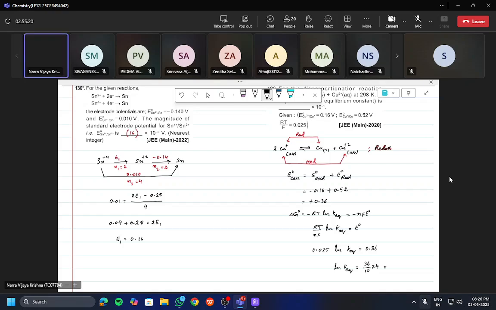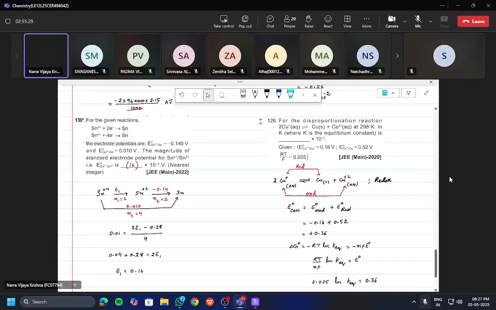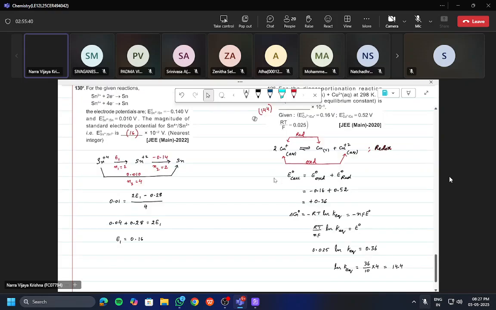So 36 into 4 is 14.4. 14.4 means I can write as 144 into 10 power minus 1. Check the answer.